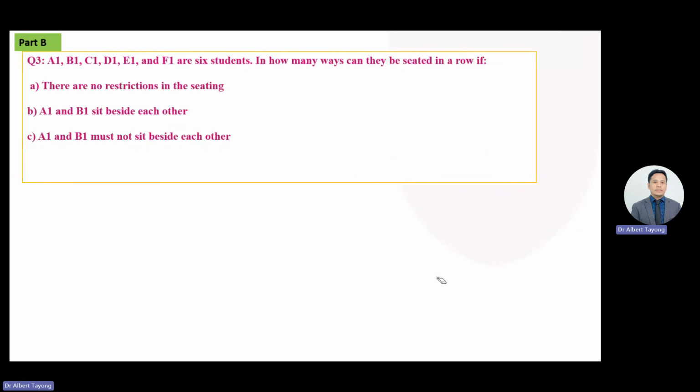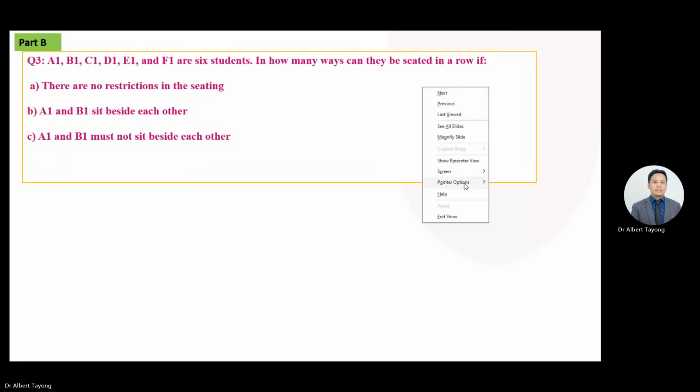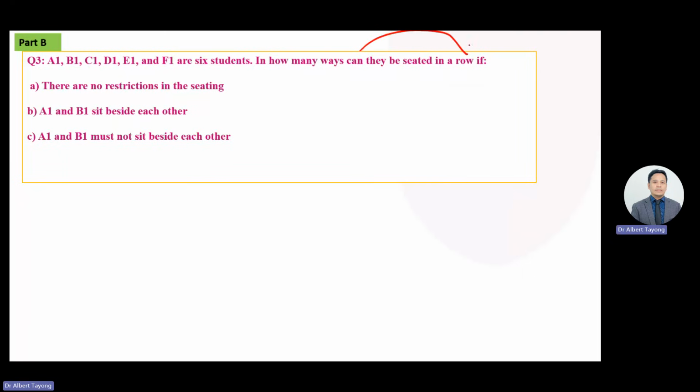Here we have 6 students from A1 to F1. How many ways can they be seated in a row? So seated in a row, it means we are rearranging our students. So this is about permutation. The first one, no restrictions. And we have 6 students, so we are just rearranging them. Our n is equal to 6 because you have 6 students.